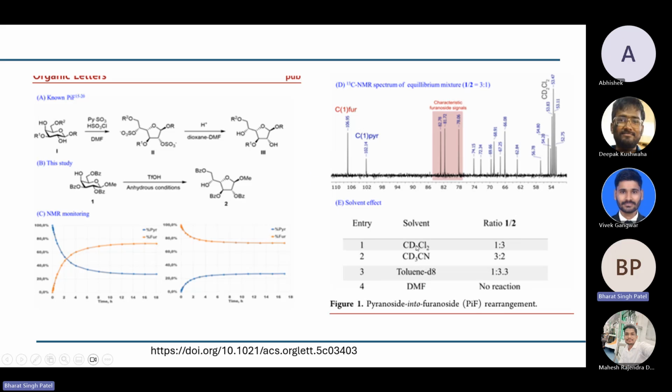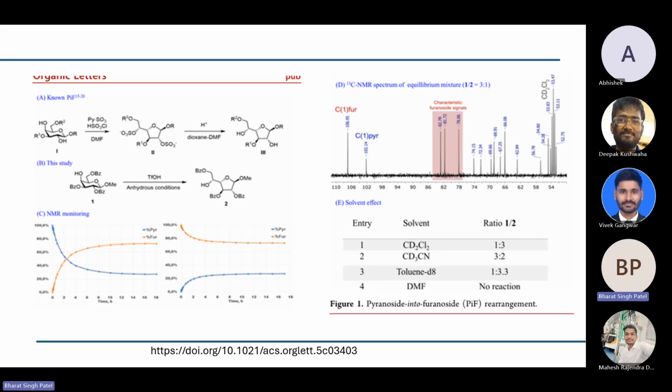They took deuterated dichloromethane, acetonitrile, toluene, and DMF. In the case of deuterated dichloromethane, they were able to get a 1:3 ratio, meaning more furanoside. In the case of acetonitrile, the pyranoside was more, and in the case of toluene, the furanoside was more.